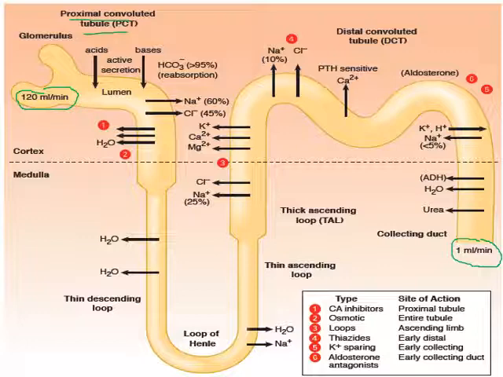There are transporters for acidic substances, and also different transporters for basic substances, which are getting actively secreted into the lumen. We can also see that most of the bicarbonate, around 95%, is getting reabsorbed in the PCT itself, and 60% of sodium is getting reabsorbed from the proximal convoluted tubule.